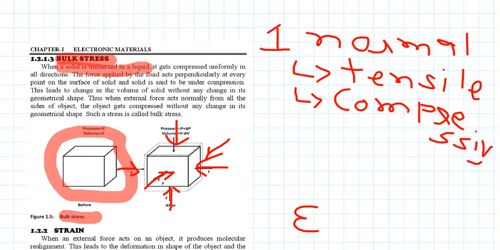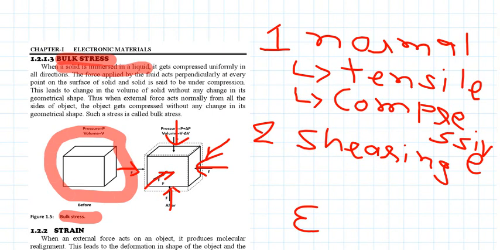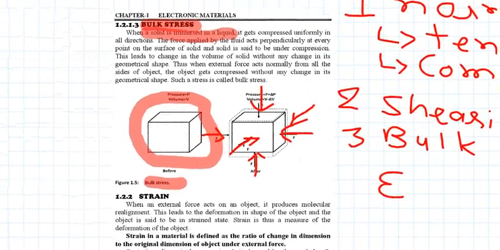And the third one is bulk stress. Okay, so this was all about the stress. Stress is the internal force, so its unit is Newton per meter square and its symbol is sigma. Now let us see the strain.